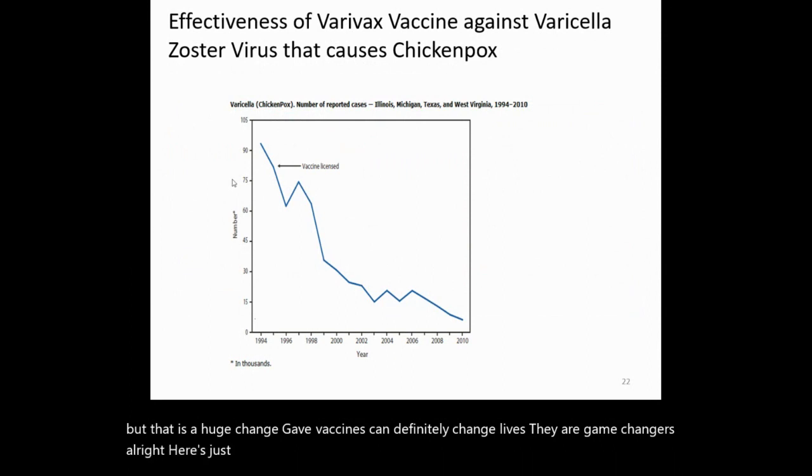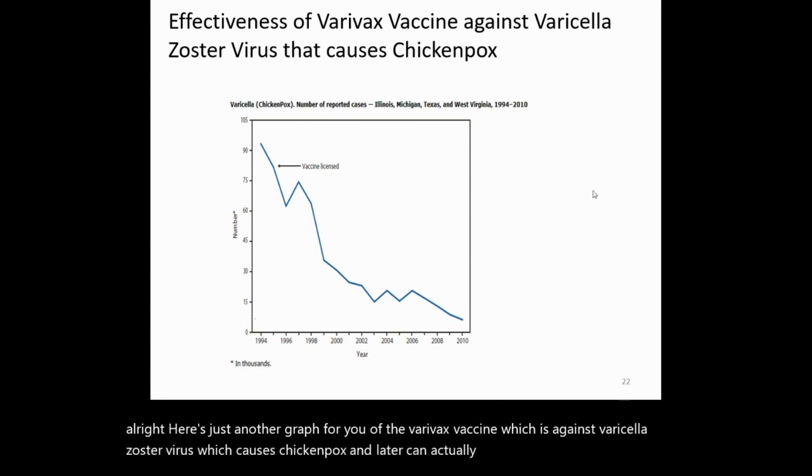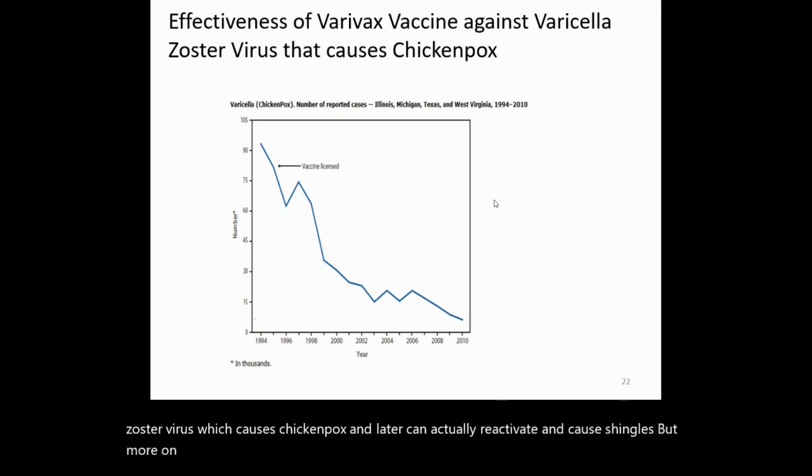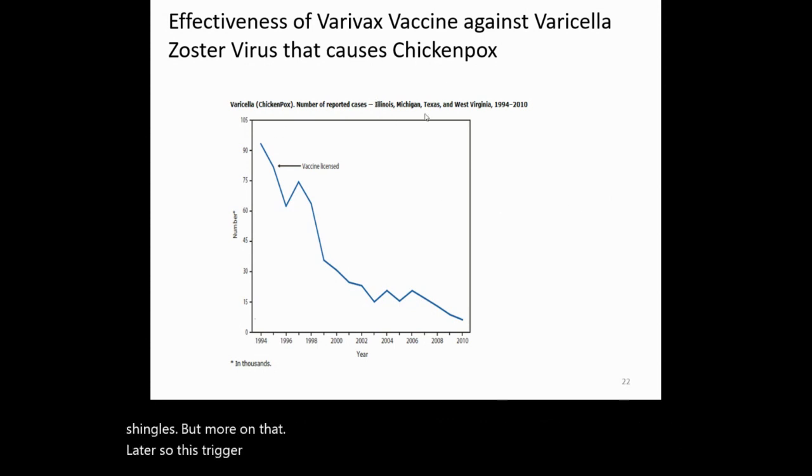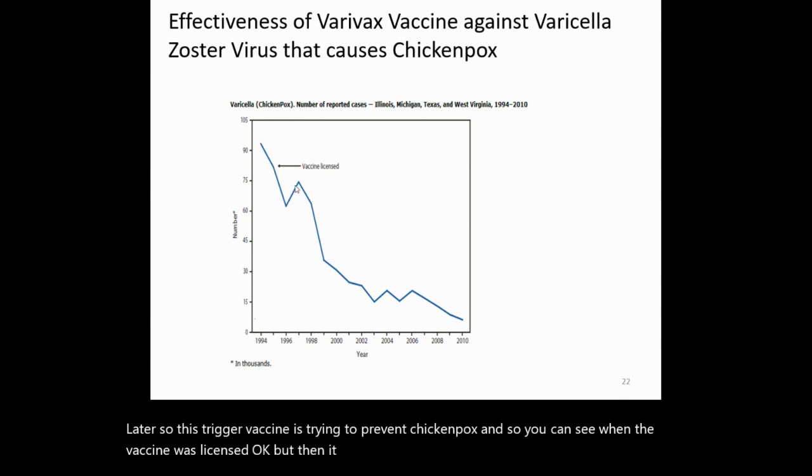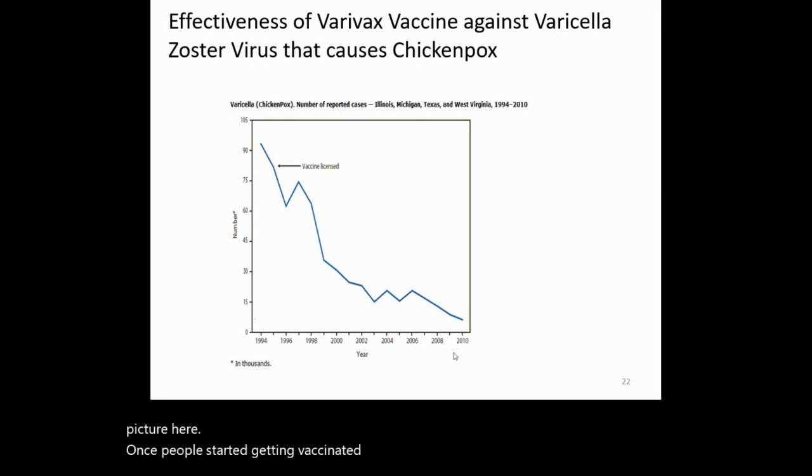Here's just another graph for you of the Varivax vaccine, which is against varicella zoster virus, which causes chickenpox and later can actually reactivate and cause shingles, but more on that later. So this particular vaccine is trying to prevent chickenpox. And so you can see when the vaccine was licensed, but then it had to be administered. And as you can see, looking at the big picture here, once people started getting vaccinated, the number of cases drastically decreased.